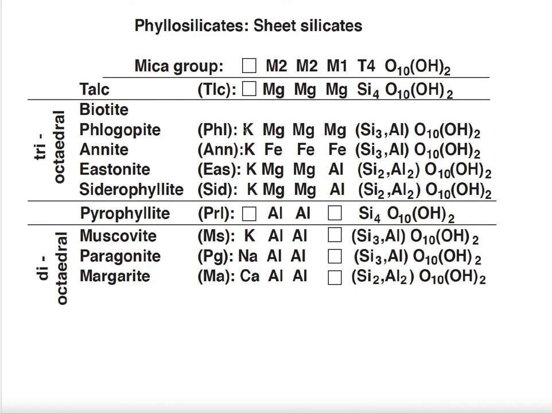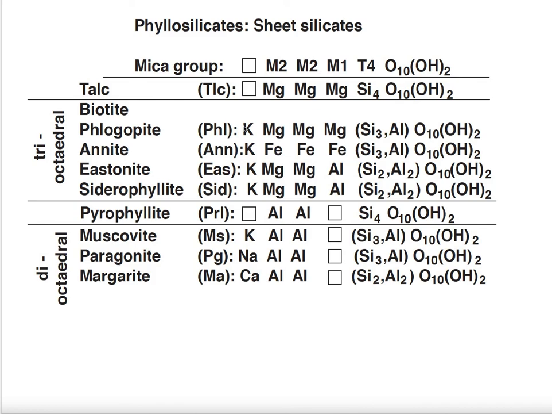All these dioctahedral micas have aluminium on the M2 spaces, at least these 3 which I'm using as examples, and these are the most common ones. There are some other varieties around which have chromium on the M2 space.